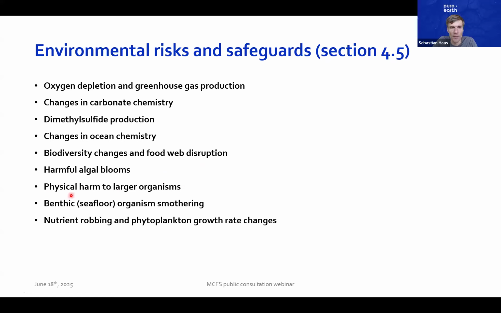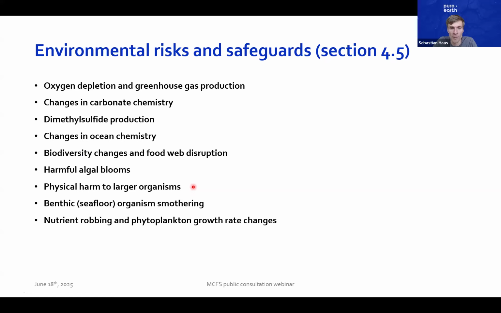As far as larger organisms go, thinking of fish, when it comes to organisms that are large enough to actually ingest the substrate, the substrate should just pass through their digestive tract, basically. The most important requirement in my mind for this part, we've already addressed in the previous slide: the substrates need to be non-toxic. That should also avoid harm to larger organisms that might ingest the substrate.